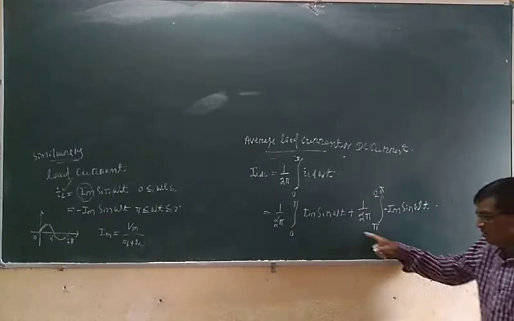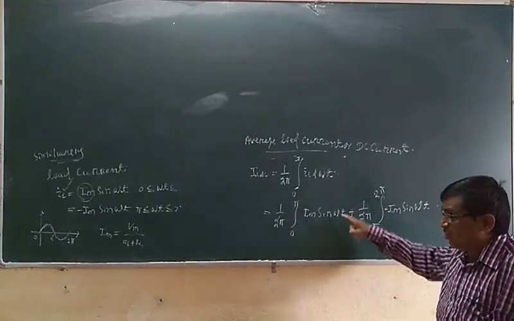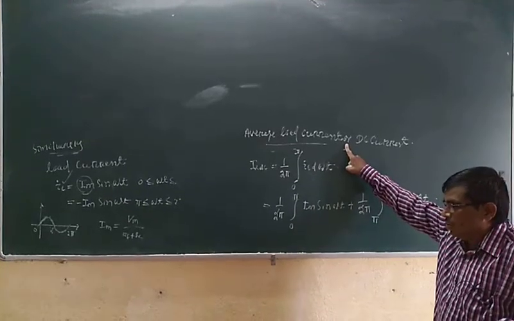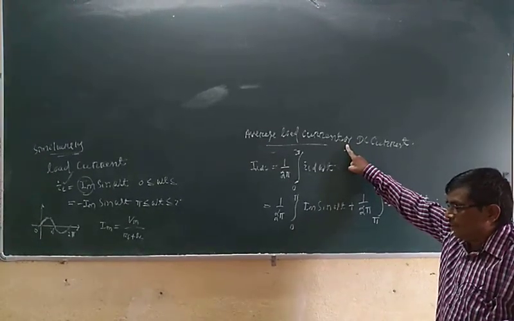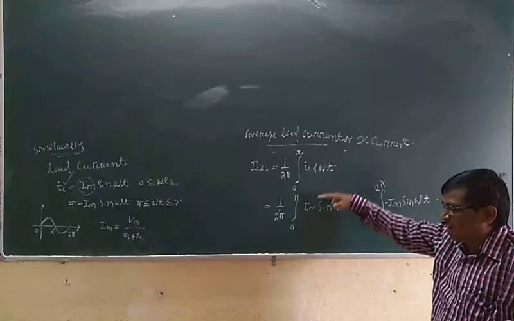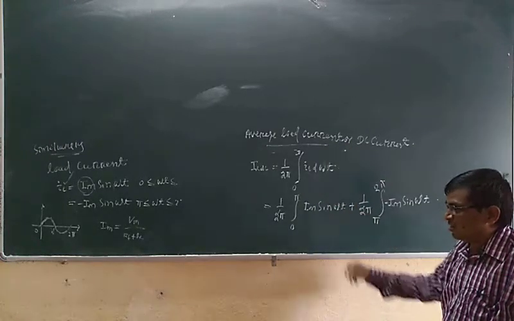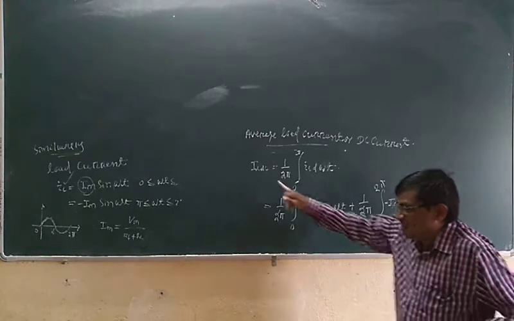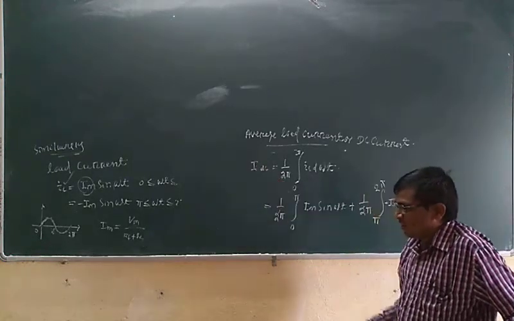So this is the calculation of the average current in a load, or the current that passes through the load. Then we calculate the average current, or the average DC, that is the ILDC. It is also known as IDC.